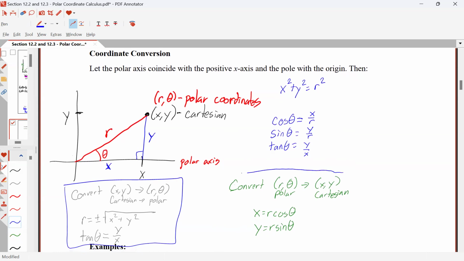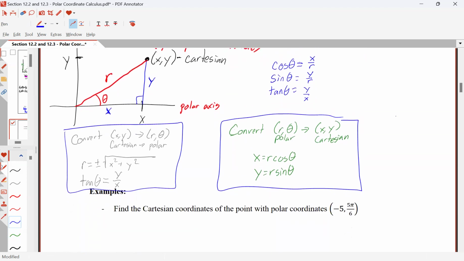So we have two sets of equations to convert back and forth. So we're going to look at some examples.